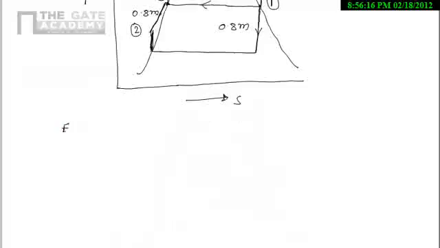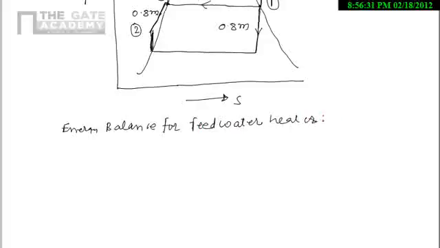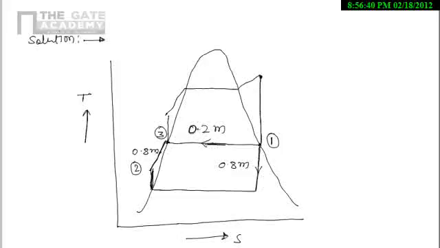Now I can write the energy balance equation for the feed water heater. It's very straightforward. At point 1, 0.2 m of steam is extracted from the turbine at enthalpy H1.